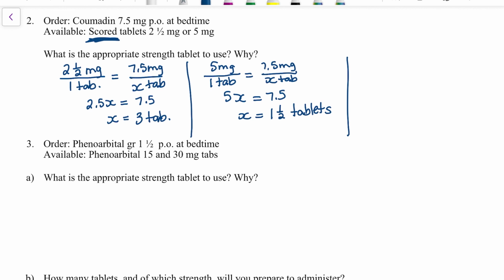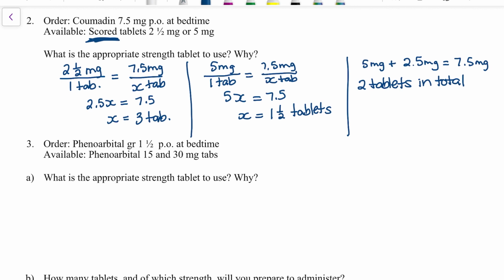But let's look at a third option. What if we were to do one of each? So if I do one 5 milligram tablet and one 2.5 milligram tablet, I get 7.5 milligrams right on. That gives me 2 tablets in total, and I'm not having to split.